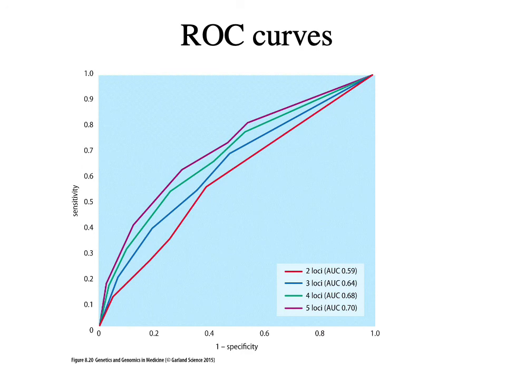And you can see that when there are 5 susceptibility factors associated with a given disease, then the area under the curve is greater, and it seems to increase with the number of loci that are associated with a particular disease.